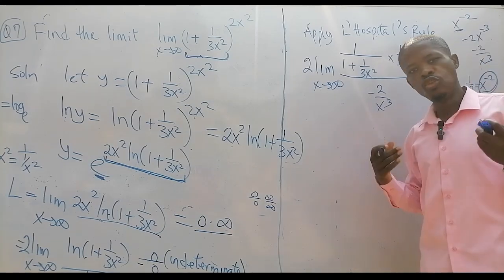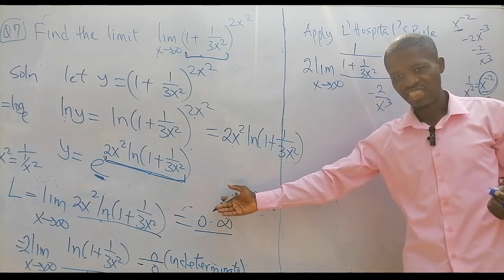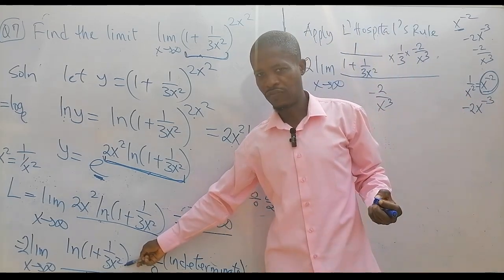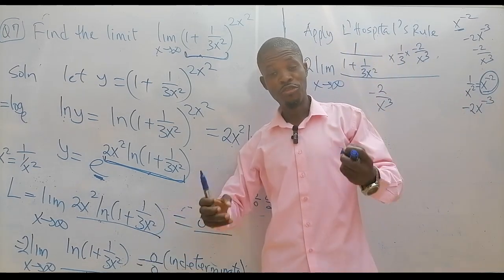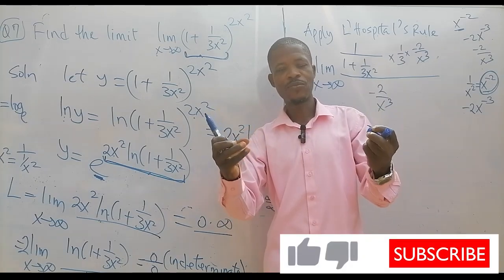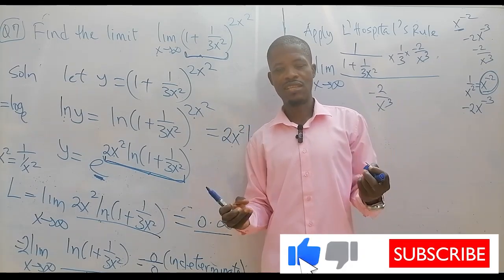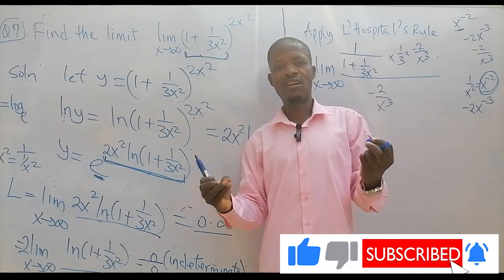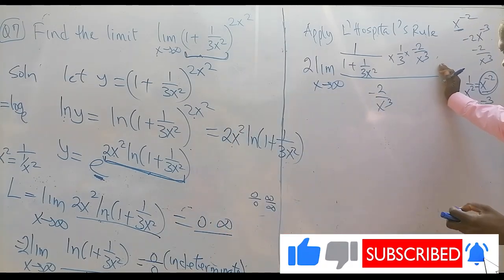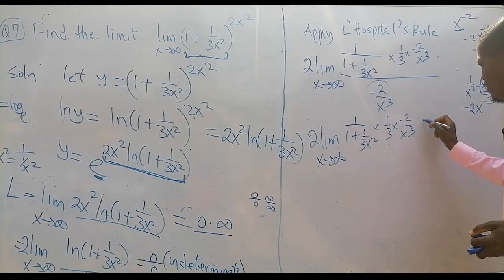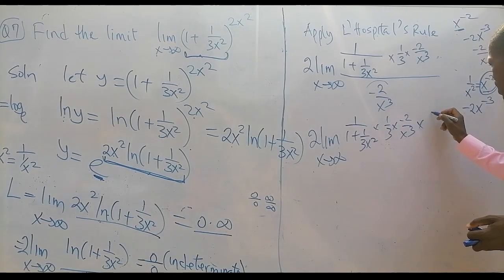When you apply L'Hopital's rule, you're not using the quotient rule, even though we have a quotient function here. You differentiate the numerator separately and the denominator separately. That is the meaning of L'Hopital's rule. So this will give me this one. Flip it upside down.